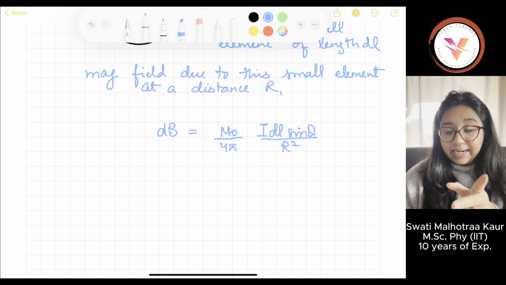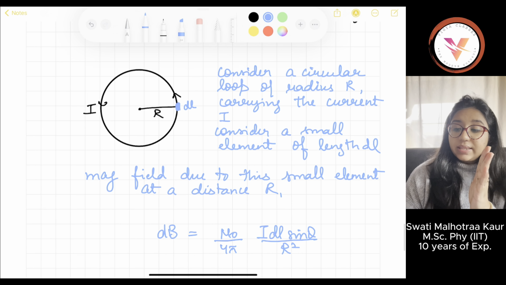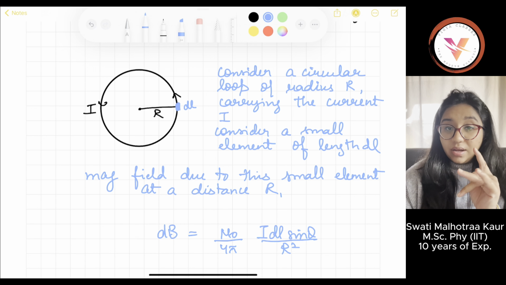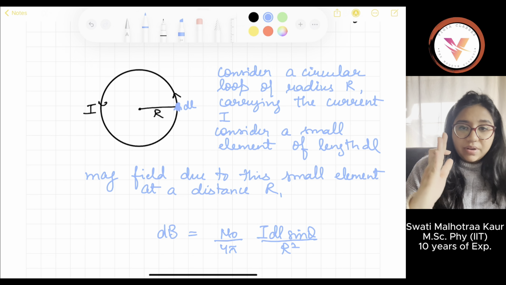Now here theta is 90 degrees. Always remember, when you work in a circular path, theta is basically the angle between R and the current element. This current element is always tangential, right?